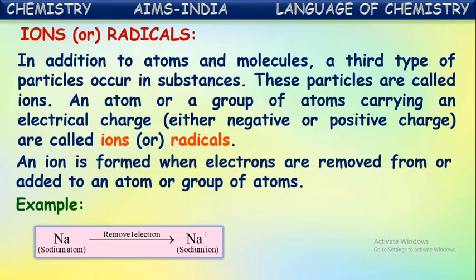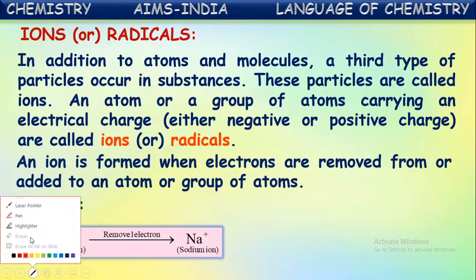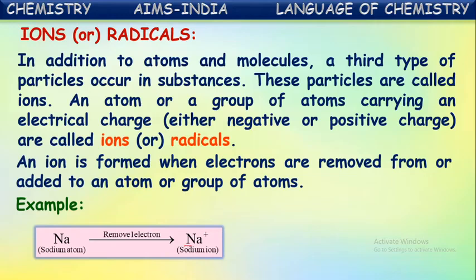When it loses one electron, it forms a positive Na plus ion. This charged particle is now called an ion, formed by sodium, so it is called a sodium ion. This is an ion formed by the loss of one electron.